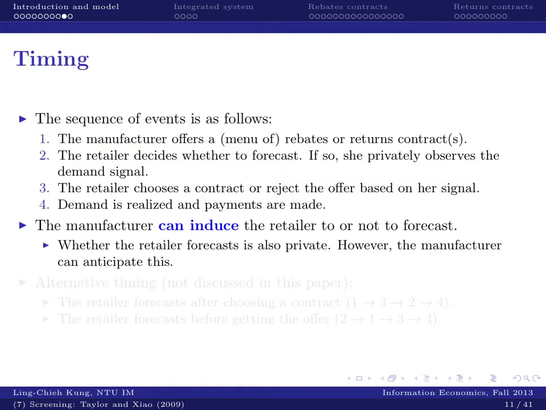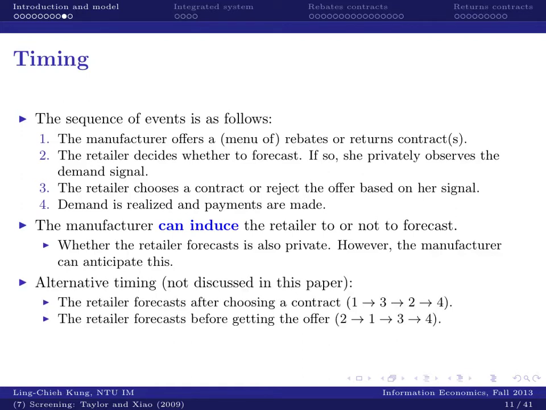In particular, even though no one can really observe the retailer's forecasting action, the manufacturer will be able to anticipate whether the retailer forecasts or not. Okay? Because everyone is rational, the manufacturer can solve the retailer's stage 2 problem. And the manufacturer will be able to know, given my offer, will you forecast?